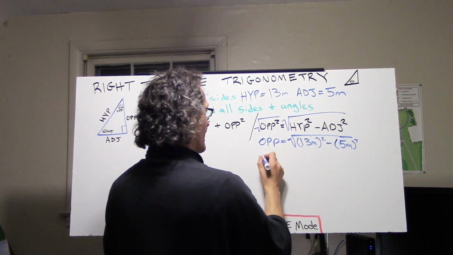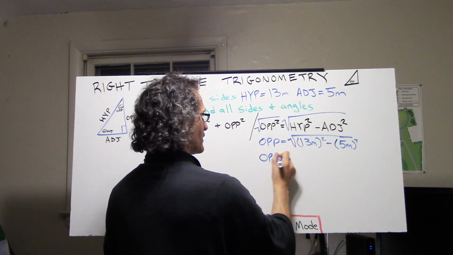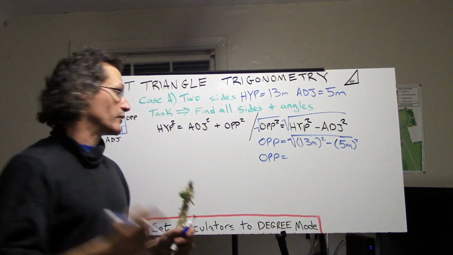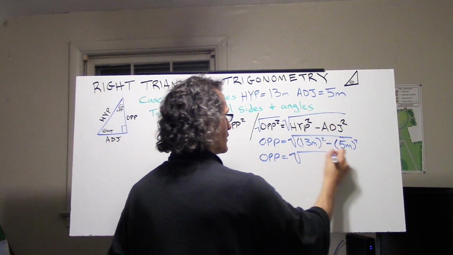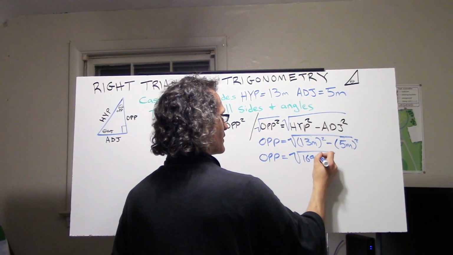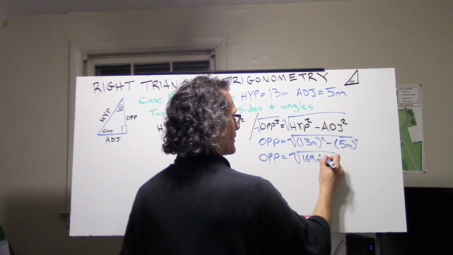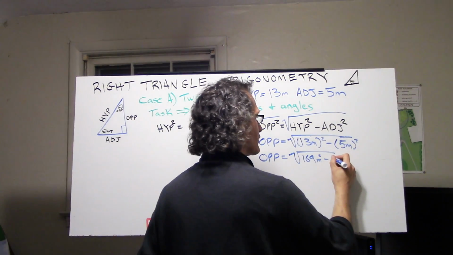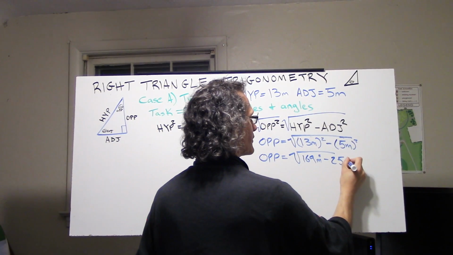All right, so the opposite side is equal to the square root of 169 meters squared minus 5 squared, which is 25 meters squared.